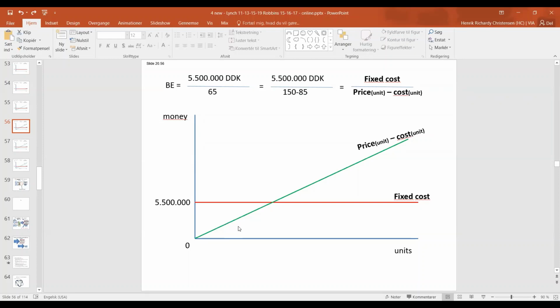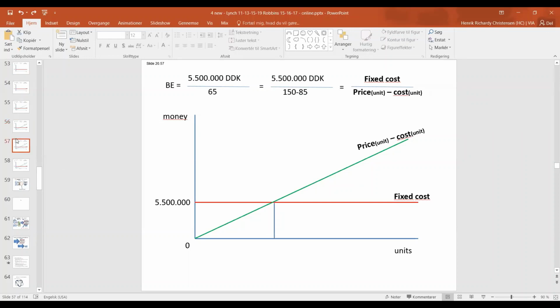And going back and understanding that we need to figure out when we have sold enough units to cover our fixed cost, we can see from this line here that the more units we sell, the more profit we make. So the interesting thing is you can use math to calculate this. I'm not going to do the math for you, but if you want to, you can do it. But this is just a simple illustration.